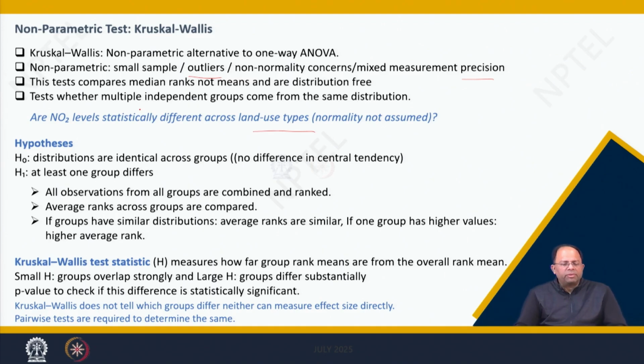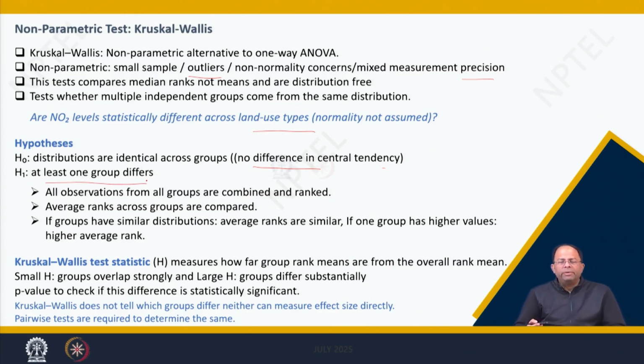The null hypothesis is that distributions are identical across groups, that is, there is no difference in the central tendency. Here it is central tendency instead of mean, so median values, or here we are going to use rank values. And the alternative hypothesis is that at least one group differs.